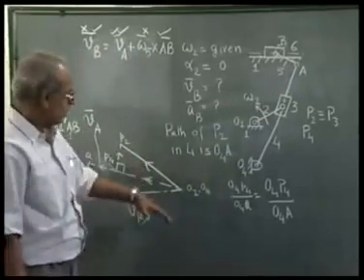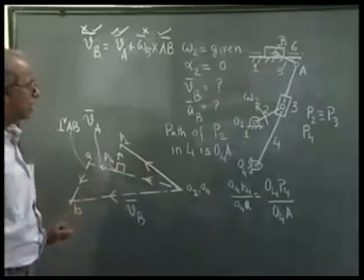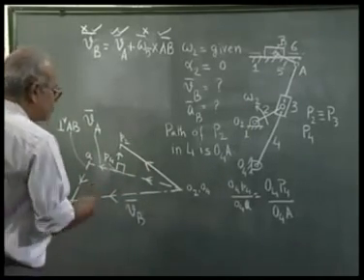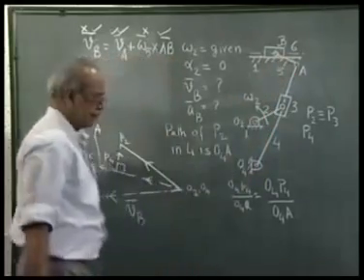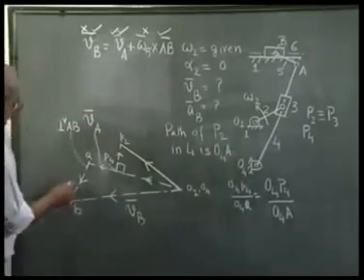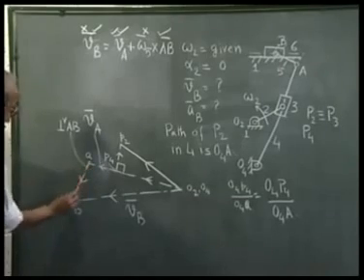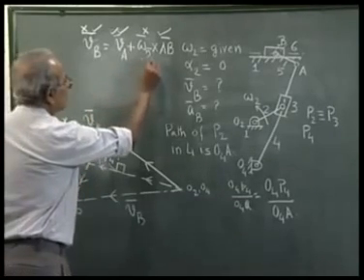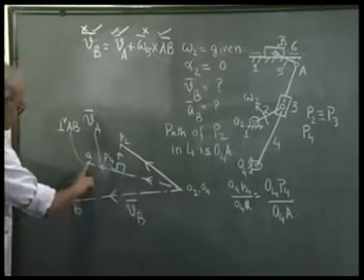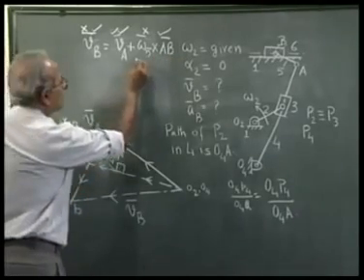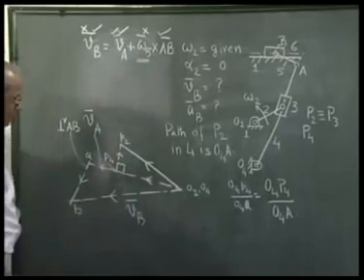At this stage, complete velocity analysis has been done, so I can find all the angular velocities like omega 4 or omega 5, because as we have seen, this vector AB represents this vector, omega 5 cross AB. Because AB is known, this vector is known, I can determine the only unknown omega 5.